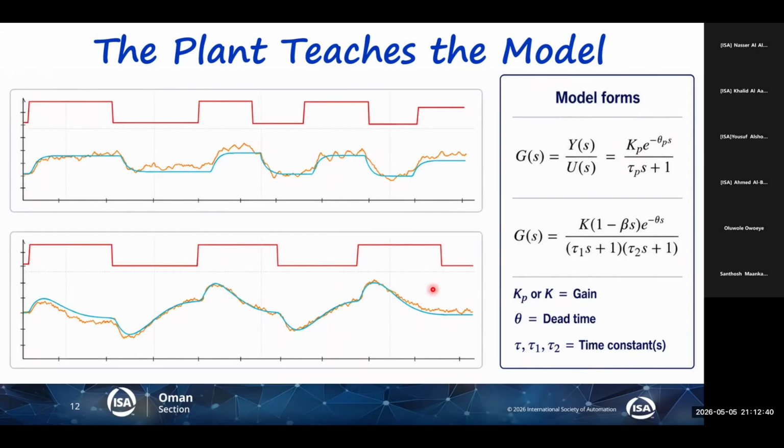I recommend that after maybe the first two steps, you already try finding a model, because you want to know early, is my step big enough? Because imagine you spend hours up and down step testing, and then you realize my steps are not big enough for all the CVs I want to know.